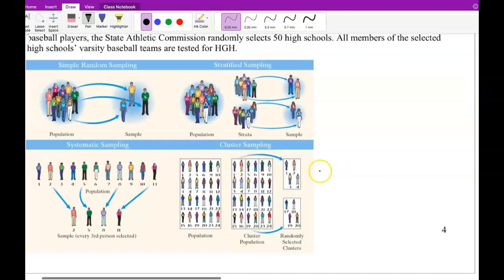Then a randomly selected cluster means, let's say our sample size was 2, so I choose 2 from this cluster population. When you choose from the cluster population, you're choosing one of these groups. You're not able to choose person number 1 and then number 17. You should choose group 1, 2, 3, 4, 5, or 6. In this case we had the first group and also the fifth one.